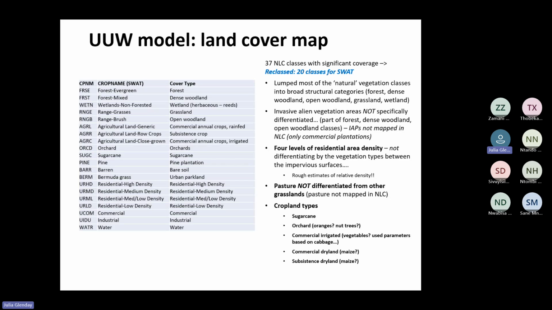A limitation as well is that pasture land is not differentiated from other grasslands in the National Land Cover dataset. From a hydrology point of view, pasture and grassland wouldn't be so extremely different if the pasture is not irrigated. But from a water quality point of view, it could make a difference, if we want to assume that manure is being applied on the pasture or any fertilizer that could wash off.